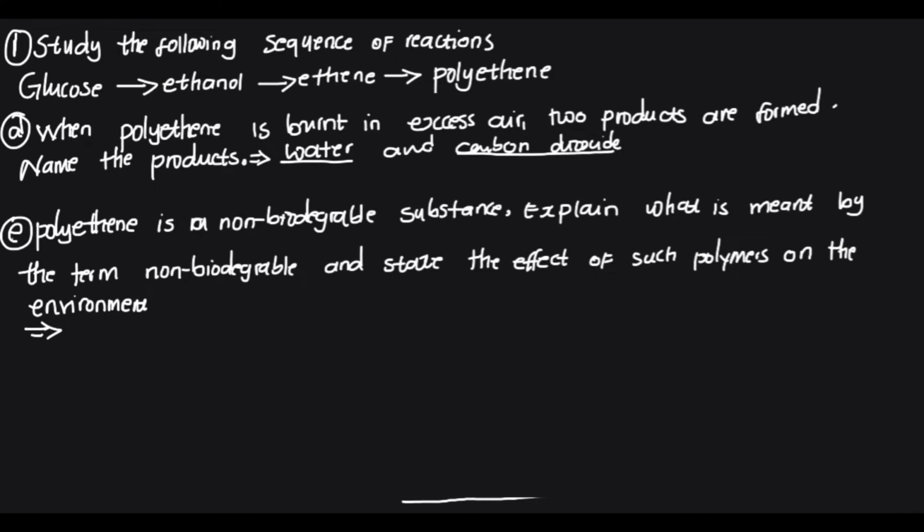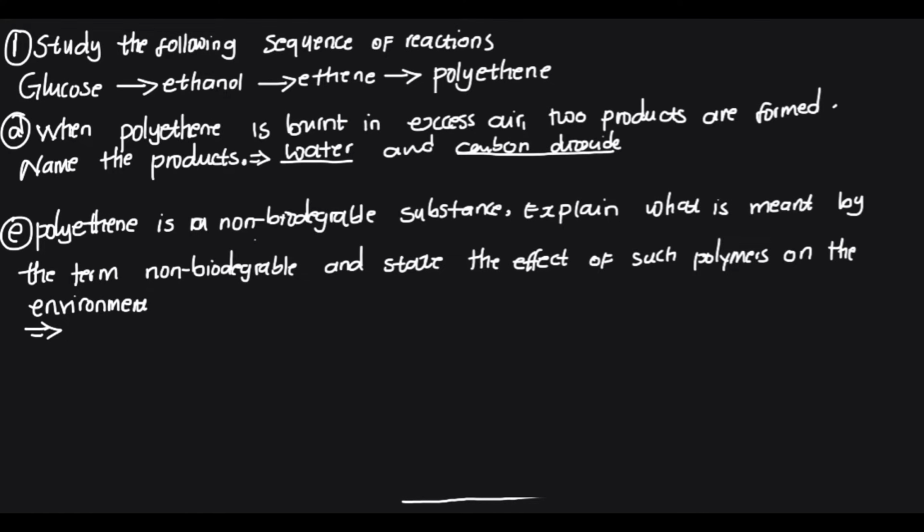Then for question E, polyethylene is a non-biodegradable substance. Explain what is meant by the term non-biodegradable and state the effect of such polymers on the environment. So for non-biodegradable, we are looking at substances that cannot be broken down into simpler ones, or we can say substances that cannot decompose. It doesn't matter how long they stay in the environment, they can't decompose.